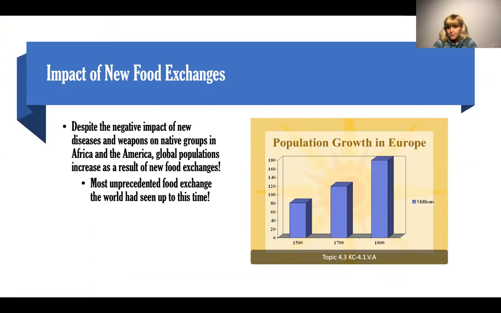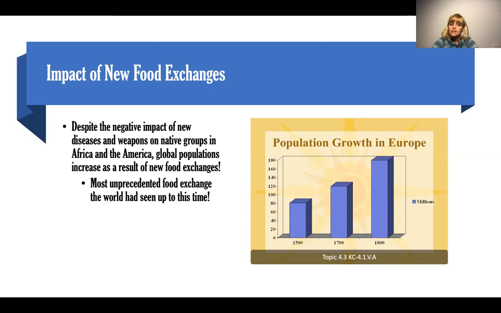And you're probably right, okay? 95% of the Amerindians in North and South America are killed because of diseases that come here through the Columbian Exchange, okay? Hundreds of thousands of enslaved African peoples are stolen from their homelands, put on boats and forced to work on sugar plantations in Brazil and in the Caribbean. Okay, it doesn't seem like this is really that good.